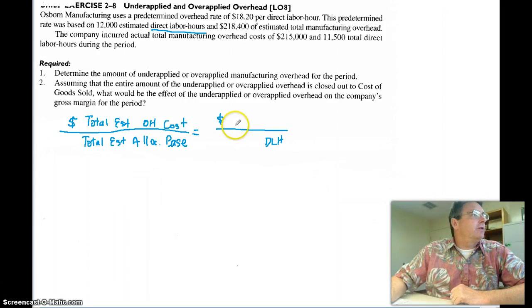What's our estimated total overhead cost? Right here, $218,400. And our total estimated direct labor hours, that's 12,000.